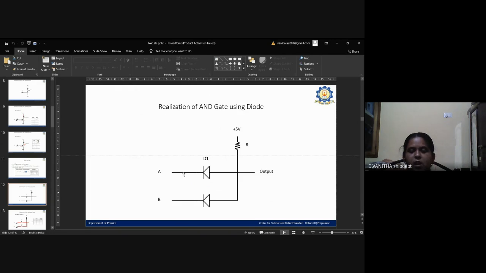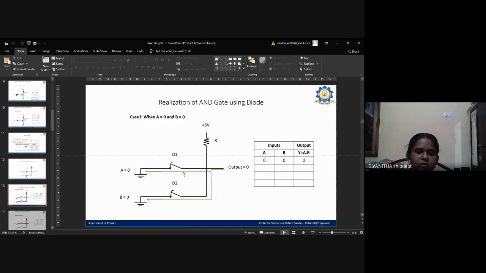The cathode of the diode, that means the negative end of the diode, is taken as inputs A and B. Then the positive end from diode 1 is taken as the output. From diode 1, a resistor is connected, and it is connected to a battery, a positive voltage.